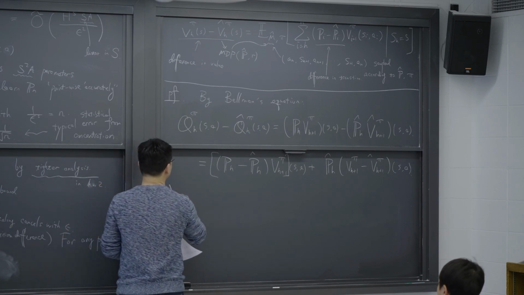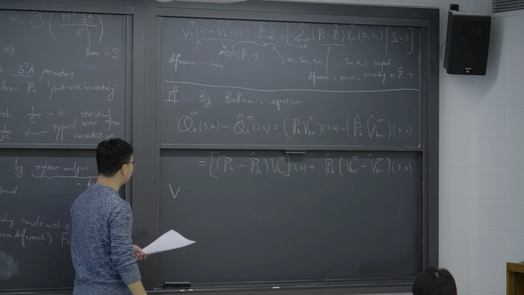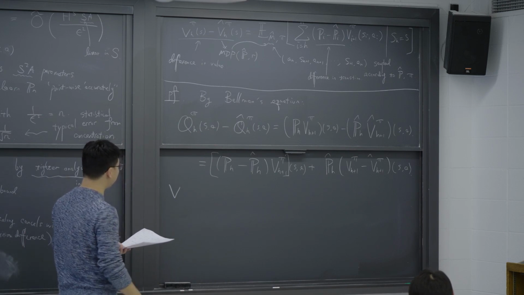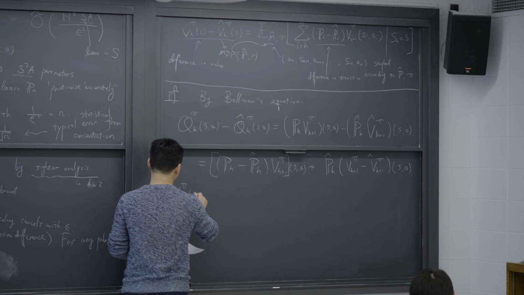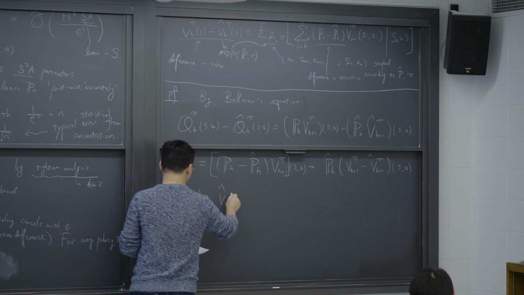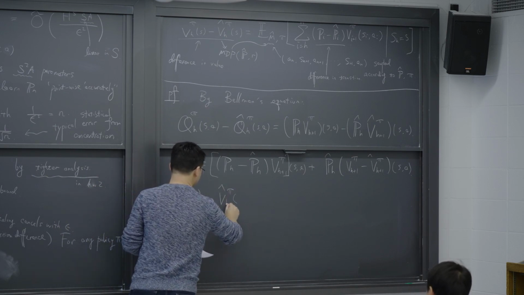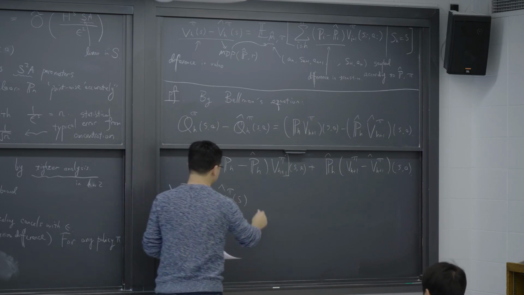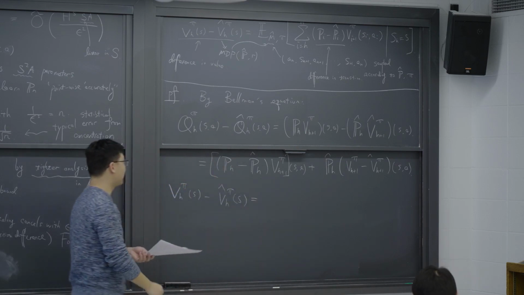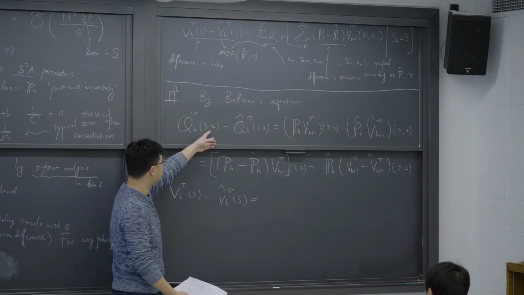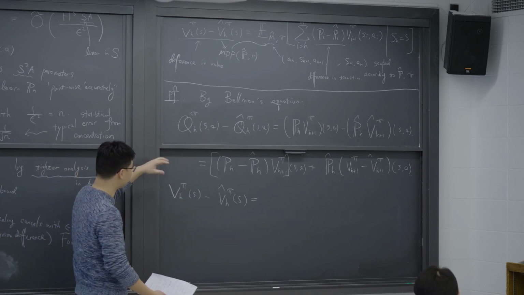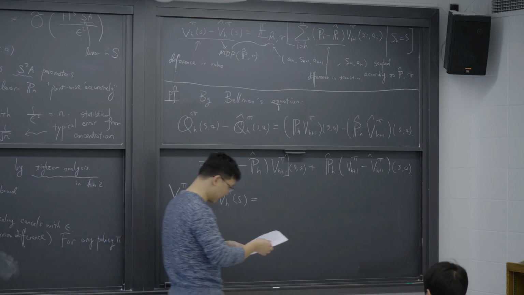That is, this is like a Q value. So by the Bellman equation, we can also do the V value, subtract by the V value of this H. So in terms of V value, all we need to do is take the expectation over the action under policy pi.